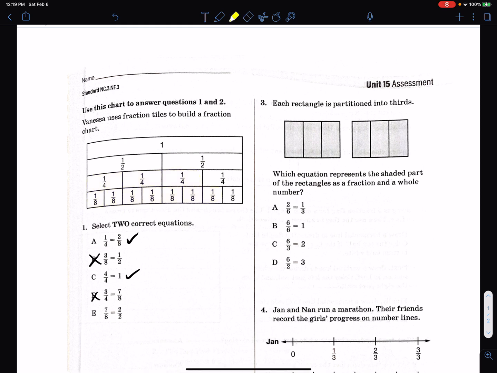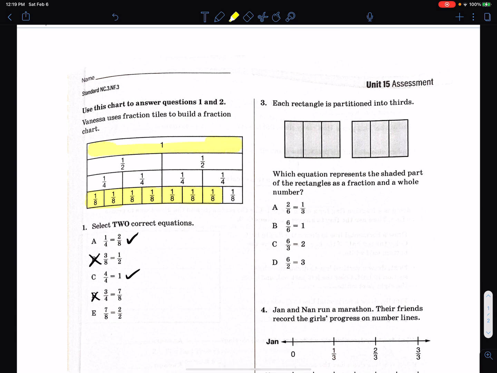All right, and let's just check letter E just to be sure. Again, I have 7/8, so 1, 2, 3, 4, 5, 6, 7. And they're saying that it is equivalent to 2/2. Well, what do I know about this 2/2? I know that 2/2 really could mean 1 whole.